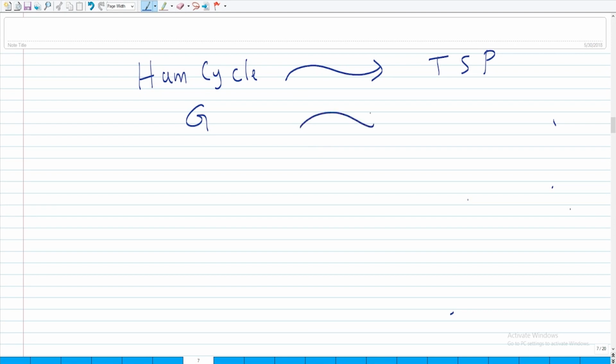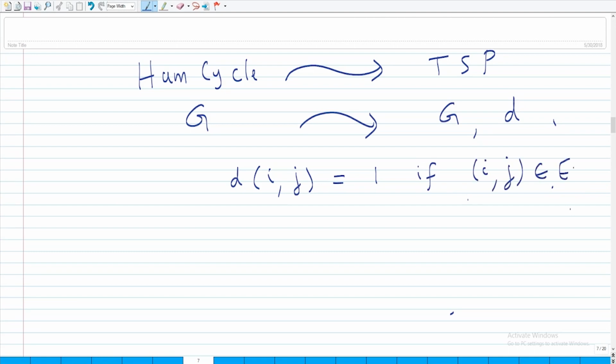So, I will use G and my D will be defined as D of i j equal to 1 if i j is an edge. Otherwise, 2 is what we used in the earlier reduction and said that this has a Hamiltonian cycle if and only if there is a TSP tour of distance at most n, right.